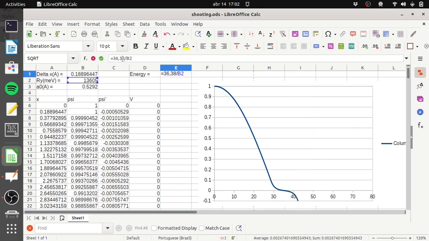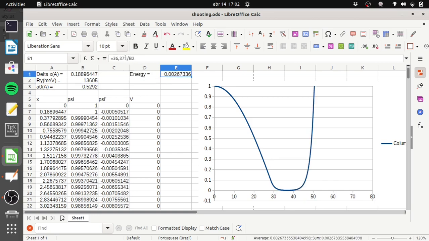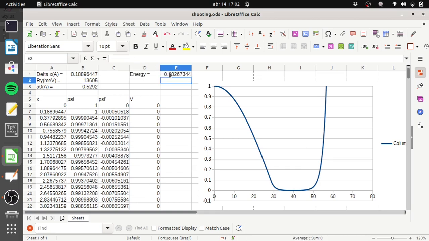So it's between 37 and 38. Now let's try 37.5. Then it's too much already. So let's try 37.3. 37.1. Then it's too less. So it's between 37.1 and 37.3. Let's see, it's 37.2. Yeah. 37.21. So you see, I'm getting it more and more precise, you see?